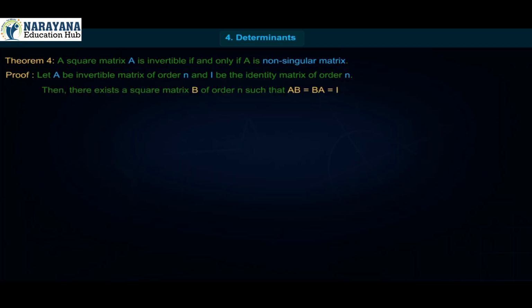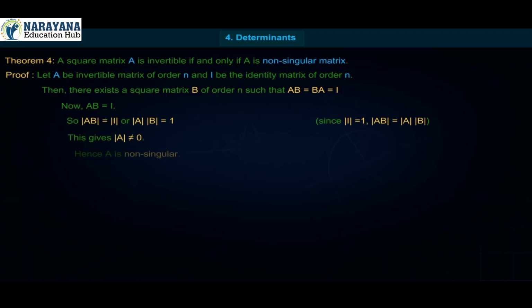Then there exists a square matrix B of order n such that AB = BA = I. Now AB = I. So determinant of AB is equal to determinant of I, or determinant of A times determinant of B is equal to 1, since determinant of I is equal to 1. This gives determinant of A is not equal to 0. Hence, A is non-singular.